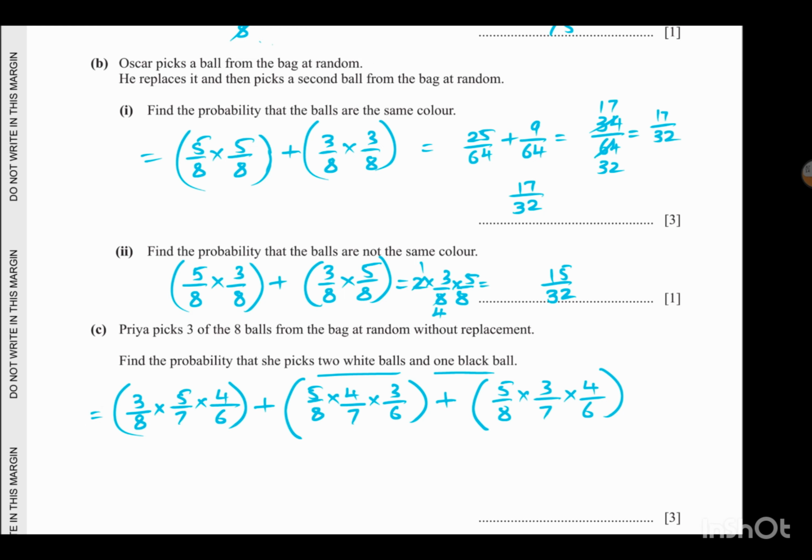So we can just take 3 into any of these combinations, because multiplying in any order it will be the same. Then 3 times 1, 3 times 2, 2 times 2 is 4, then 2 times 4 is 8. So here you get 15 by 28 as a final answer. We further cannot simplify it.